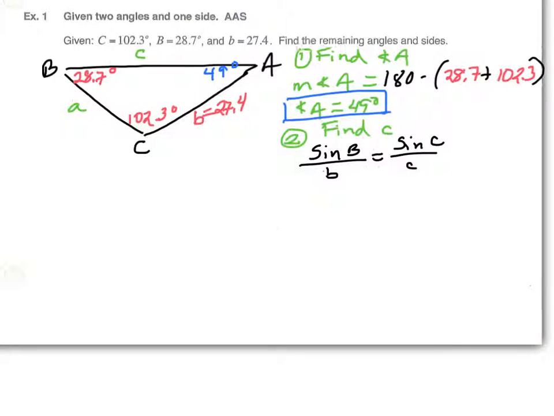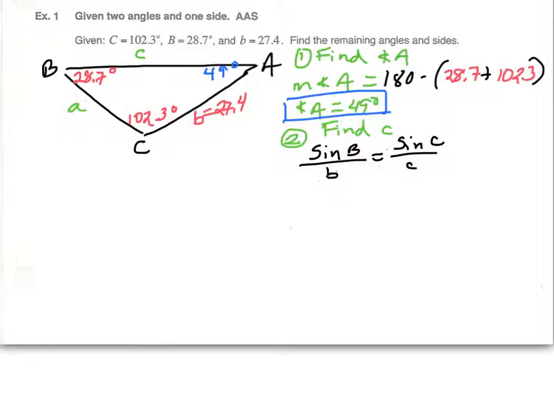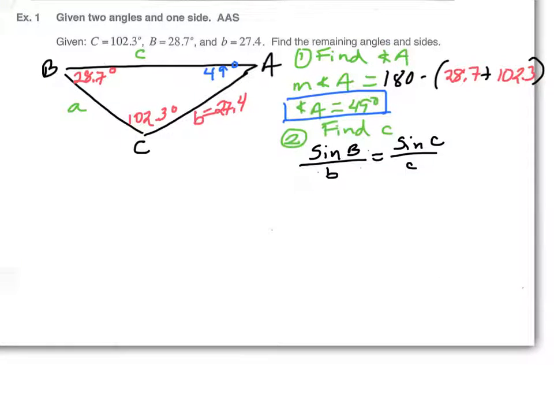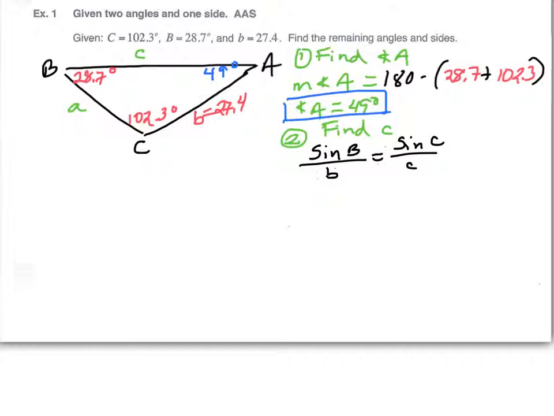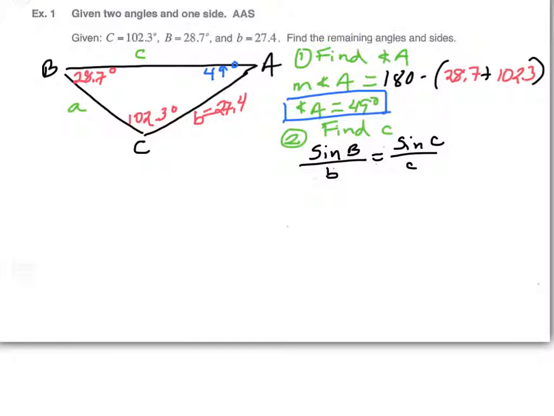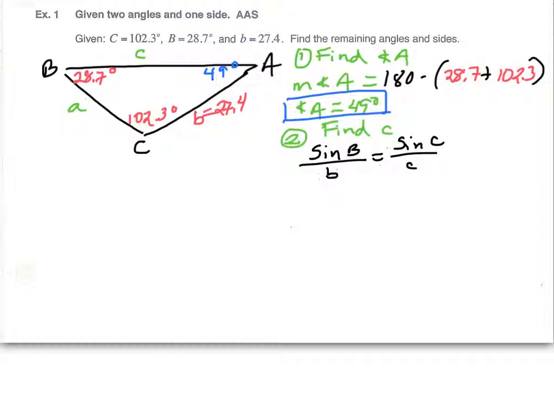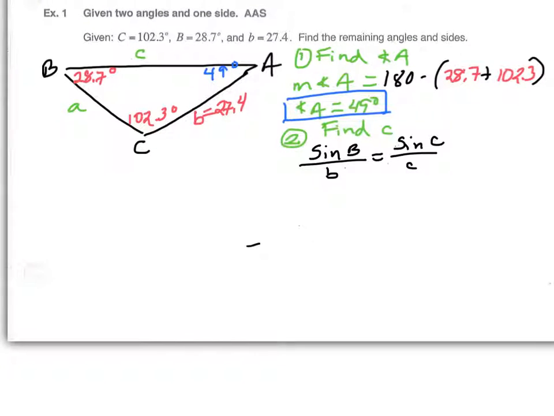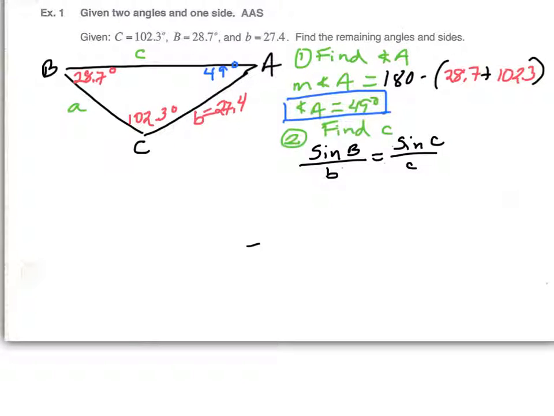So I'm going to move. I have no idea why it's not letting me move my paper. Weird. Let's try it again. Nope. I don't know why it's doing that.